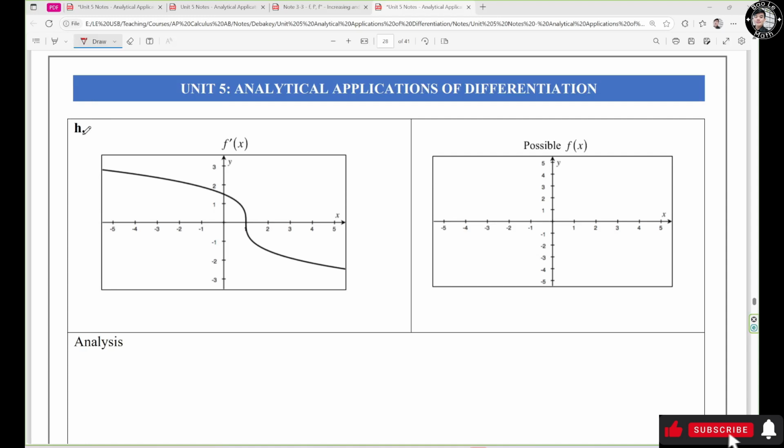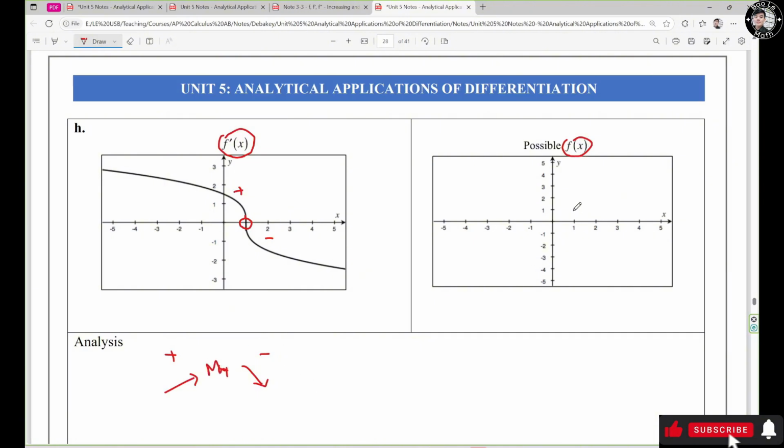Now let's move on to question H. At x equals 1, this one is the zero of f prime of x, and it becomes the relative extrema of the function f of x, right? And we see that the function f prime of x changes sign from positive to negative, right? So positive to negative. This one is the relative maximum of the function f of x, right?